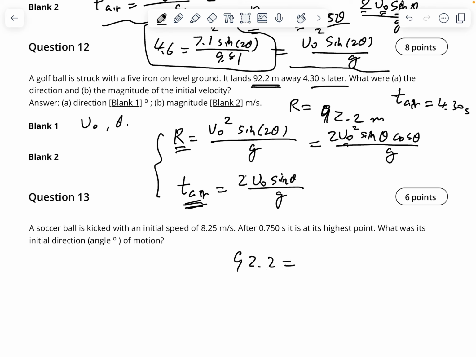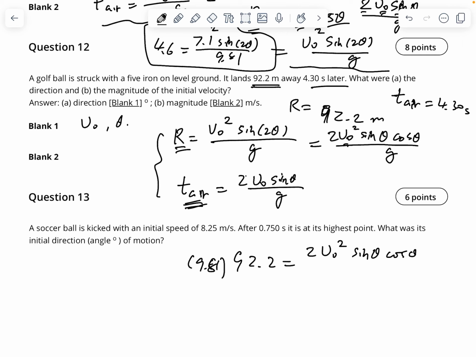So plug in 92.2 equals 2 V naught squared sine theta cosine theta. We can put G on this end, so this times 9.81 equals that one.